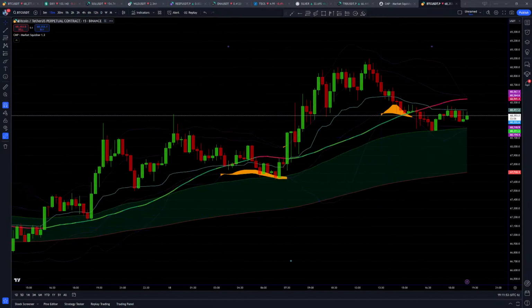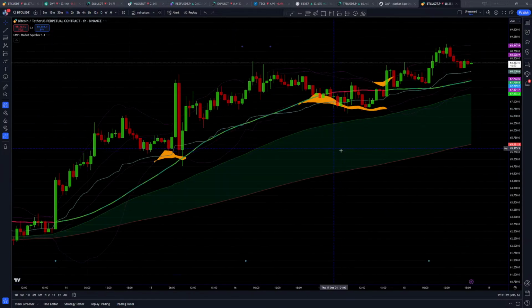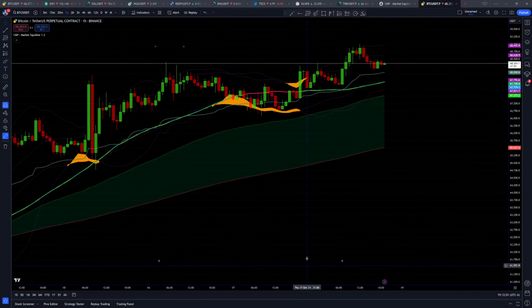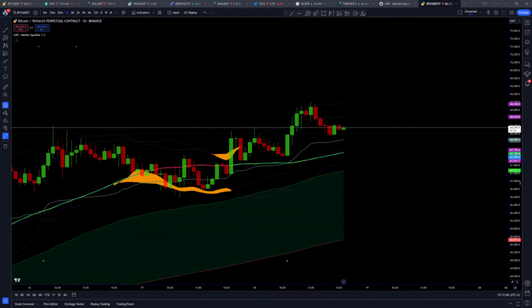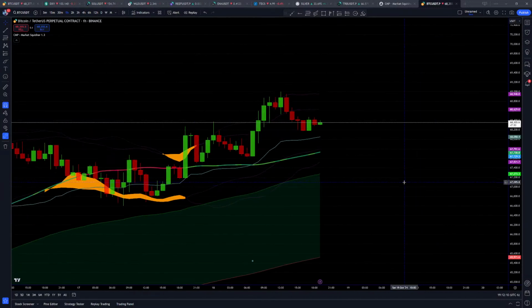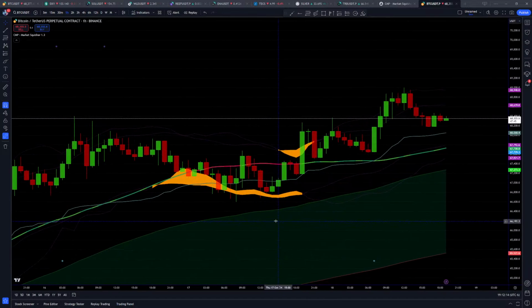The squeeze is a classic indicator that is widely known, and the concept is you are looking for periods of low volatility in the market when price action has lulled and is flat.